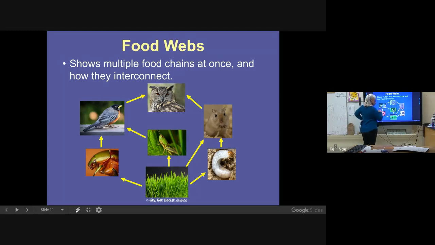You could go to the round worm, I think it's a grub worm. And then the mice eat the grub worm and go to the owl. So there's multiple food chains here, and you can see how they're interconnected. They all come back to the grass. So if we got rid of the grass, it would affect all these other organisms.